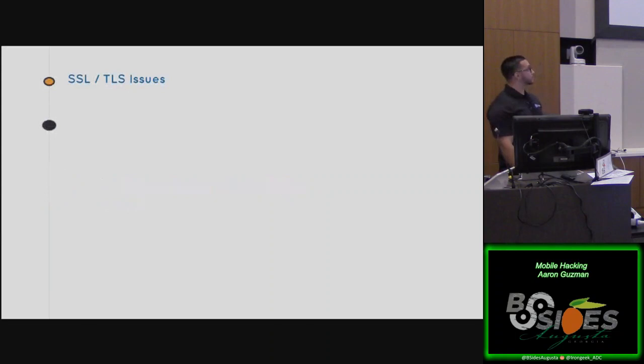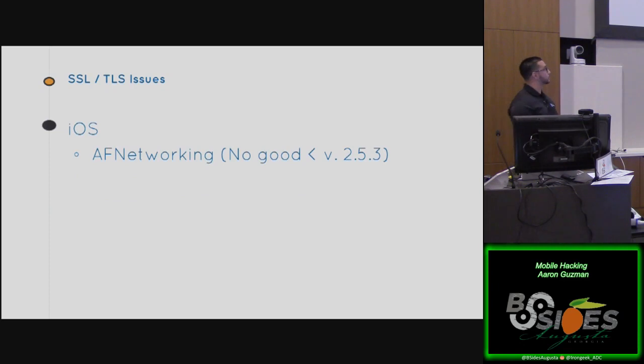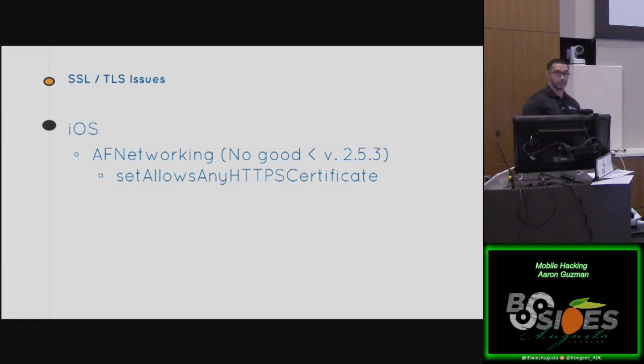So, common findings. I'll start with SSL and TLS issues. Always, for the most part, unless they're pinning. These are the things I look for within iOS. If they're using a certain library like AFNetworking, it doesn't verify or validate certificate chains. You can allow all HTTPS certificates. Sometimes you'll see that for debugging purposes, but they'll deploy it to production forgetting.